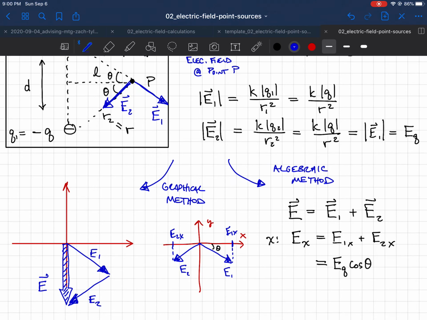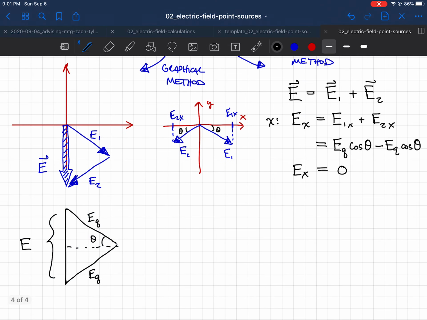This is E2x. You can see that that's a negative number, but in fact it's going to be exactly the same negative number, because what is this going to be? It's going to be minus EQ cosine theta, so Ex is equal to 0. So we found one component, and notice that exactly agrees with our graphical method over there.